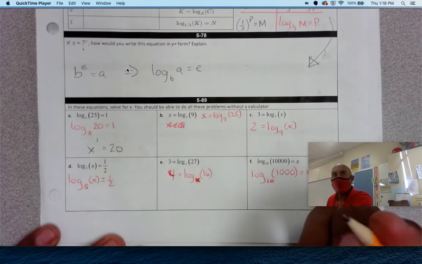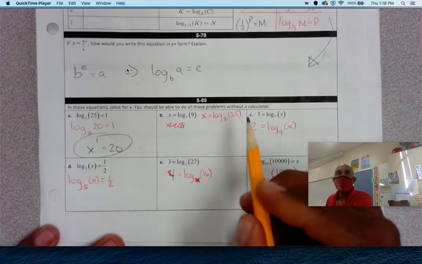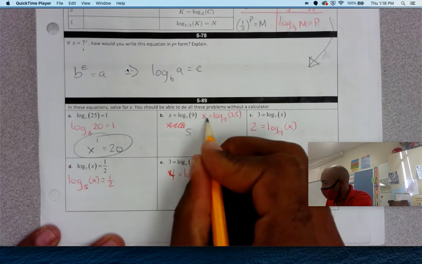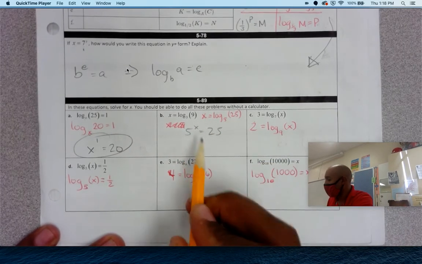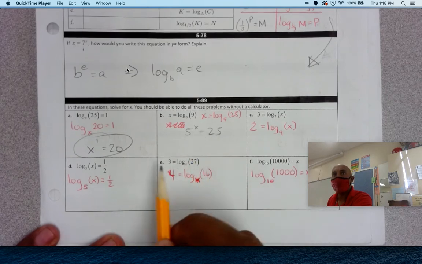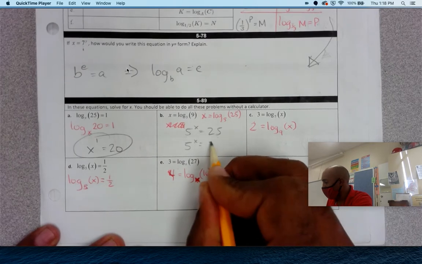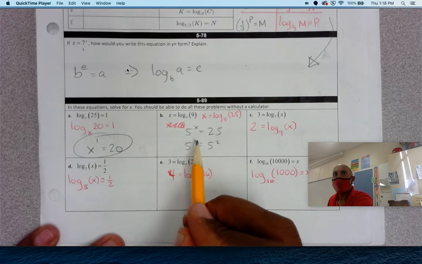Well, x to the 1 is the same thing as x, so it's just x equals 20. Here, the base is 5, the exponent is x, and it's equal to 25. They're not the same base, so I know that 25 is the same as 5 squared. Now they're both the same base, so that means x equals 2.